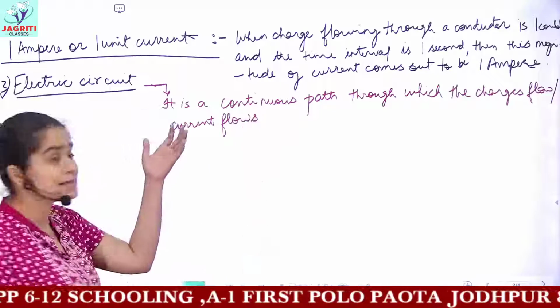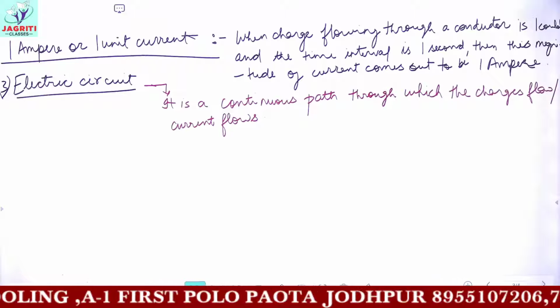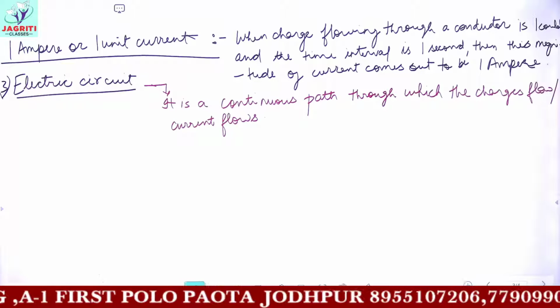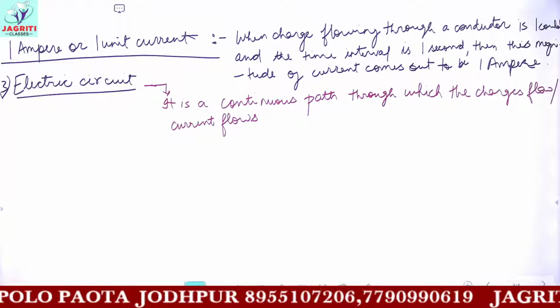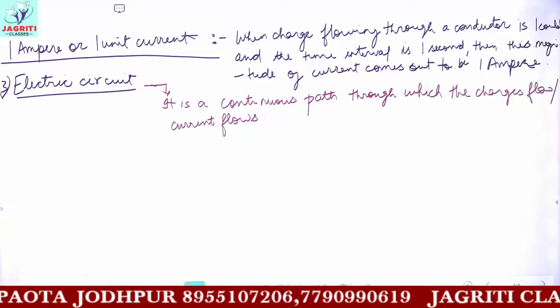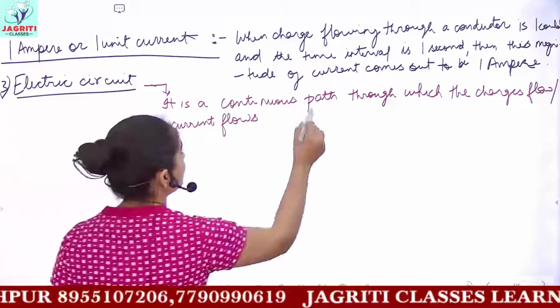Okay, so this is the meaning of the word electric circuit. Electric circuit gives you the path through which the current is flowing. So I hope this is clear. In the definition of electric circuit, you have to remember it is a path.